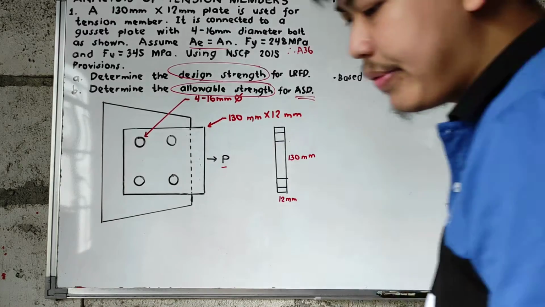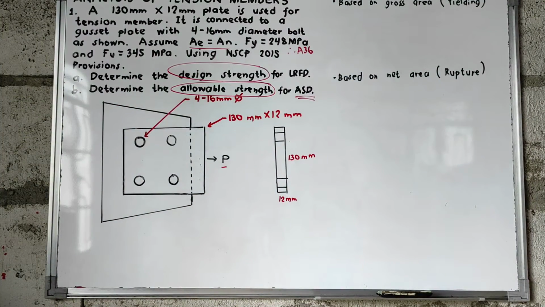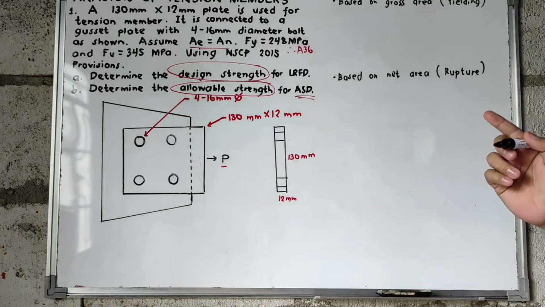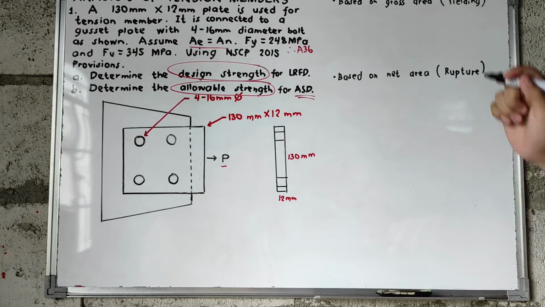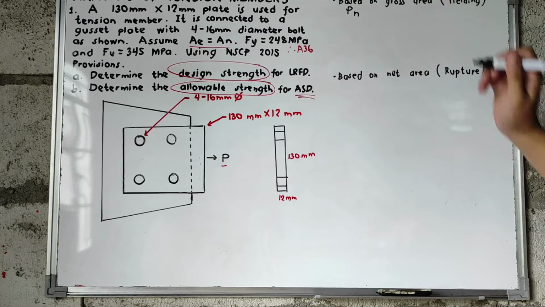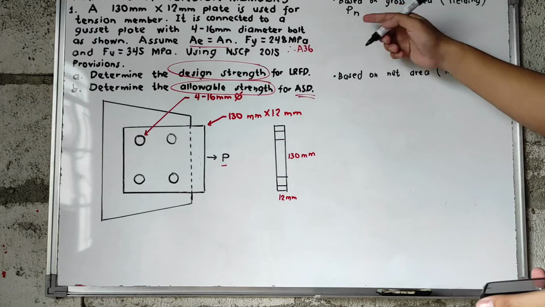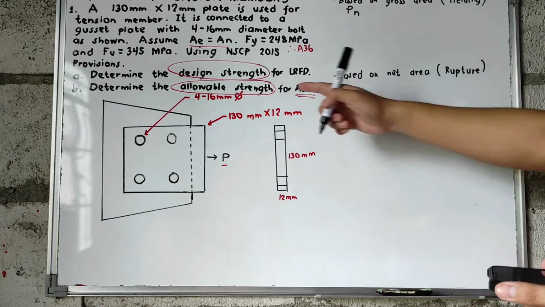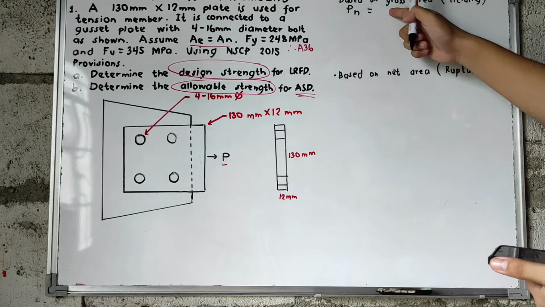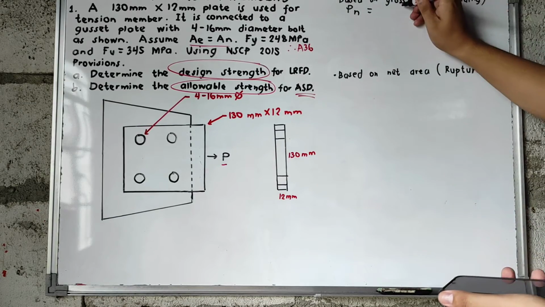Let us discuss yielding first, the yielding of the cross section. When we obtain the design strengths, we first get the nominal. The nominal tensile force is equal to the gross area.